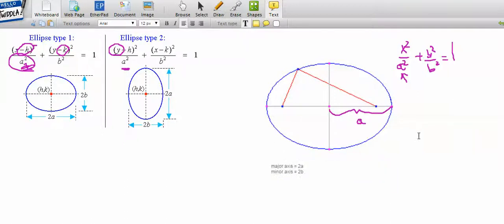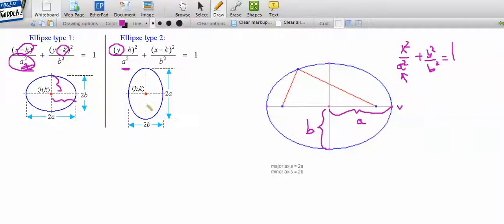And so pretty much then what we know is that this distance here from the center to the vertex is going to be a, and from the center to what we call the co-vertex is going to be b. You can see these numbers here in the horizontally aligned ellipse. We have a here, and we have b here.